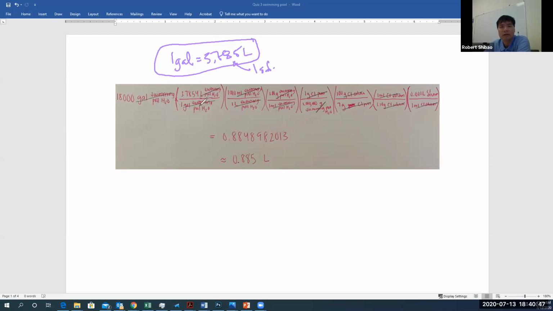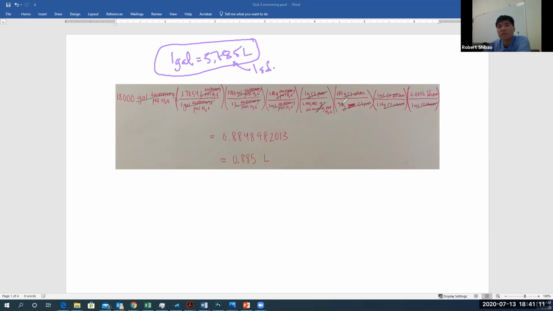0.885 if we did it to 3 sig figs. Well, sometimes what we do in these problems is we just assume a hypothetical problem in which we're doing exactly 18,000 gallons. This would limit it to 2 sig figs, but if we say, hypothetically, we had exactly 18,000 gallons, approximately how many liters? Let's say the manufacturer made this to 7% chlorine.